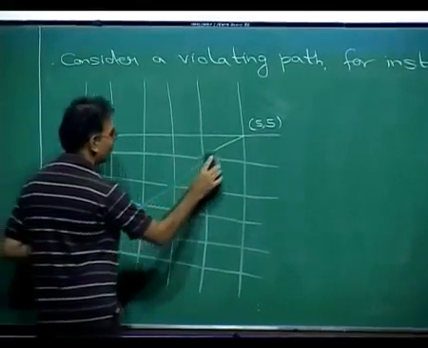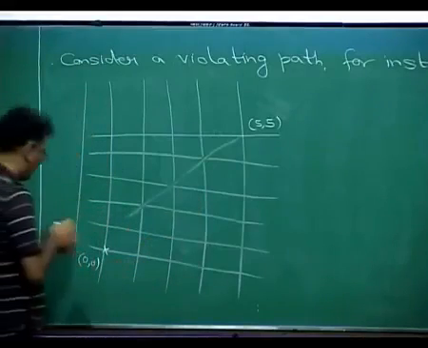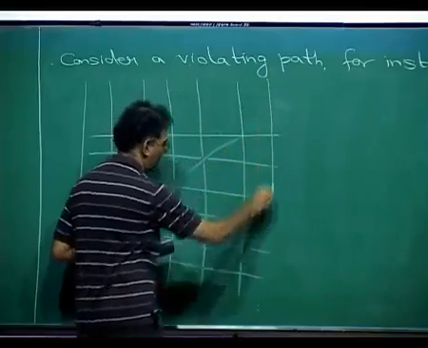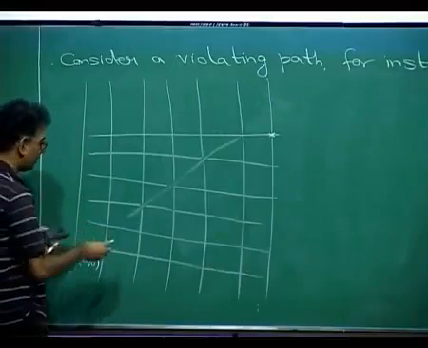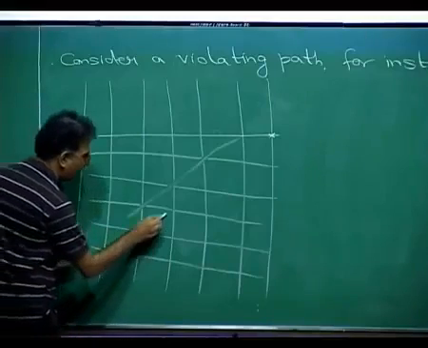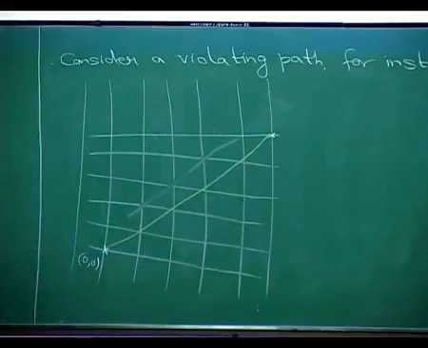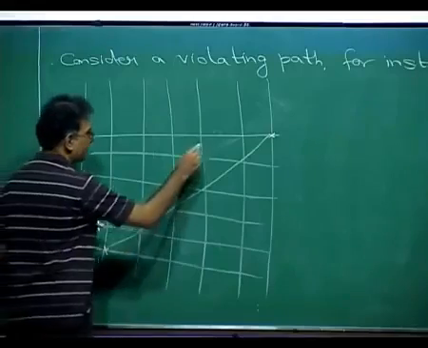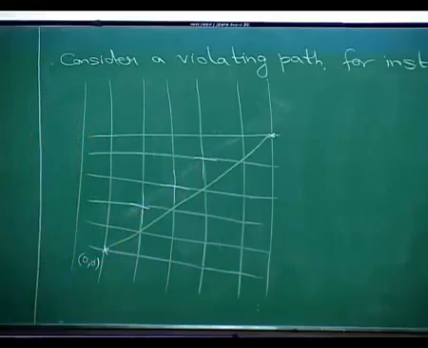So which point did I actually take there? I took 4, 5, so I have to take 5, 5, which is here. Then draw the diagonal. And I'll take a path which violates the condition, which goes below the diagonal.